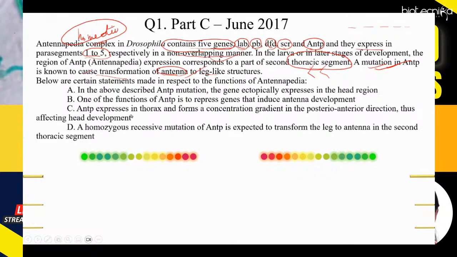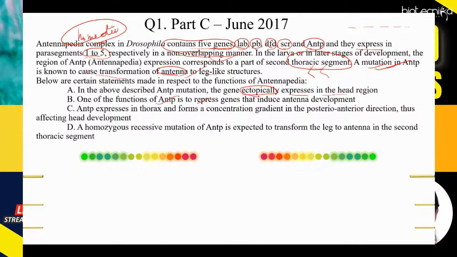Below are certain statements made in respect to the functions of antennapedia. In this type of described mutation, the gene is ectopically expressed in the head region. Ectopically means where it is not supposed to be present, but still it is expressed over there. And one of the functions of antennapedia is to repress the gene that induces antenna development.